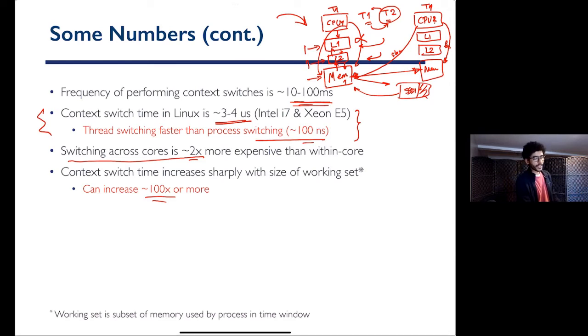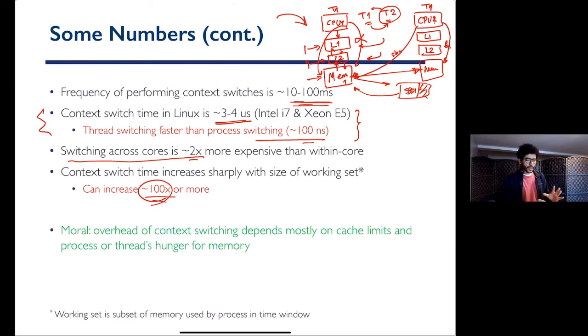So the overhead could increase by 100x. Now, the overall picture here is context switching is expensive, and how expensive it is depends on data, really, because it's all about accessing memory and how expensive it is to access memory.